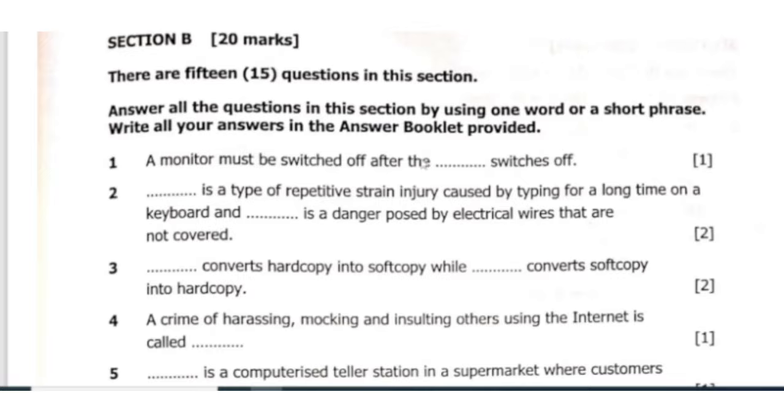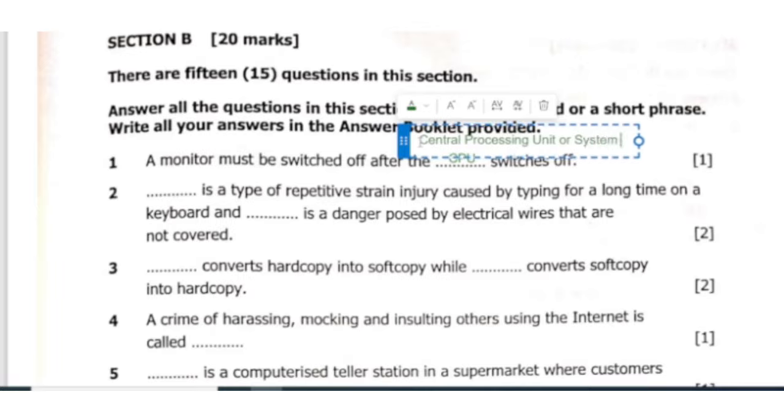So what we switch off is the CPU. You switch off the CPU. So what is CPU? The CPU is just an abbreviation, but the full name of CPU is central processing unit, or you can also call it system unit.